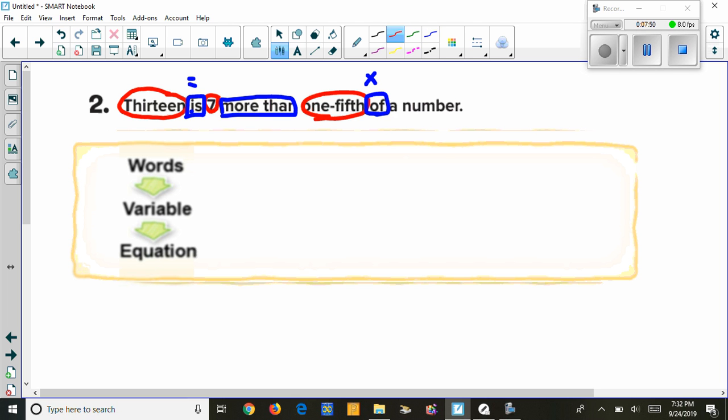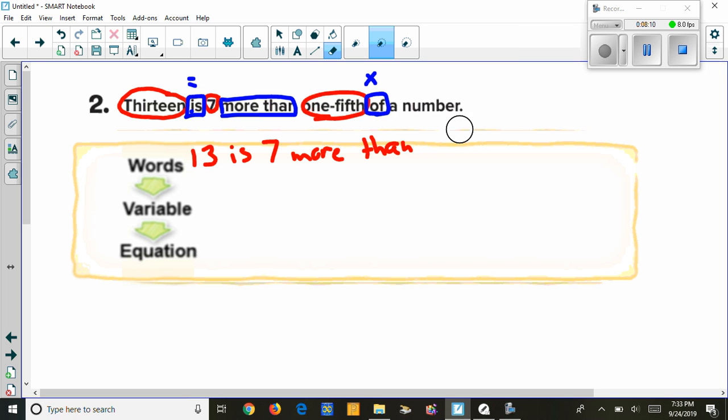Now I'm going to write the statement out using numbers instead of some of the words. So 13 is 7 more than 1/5.